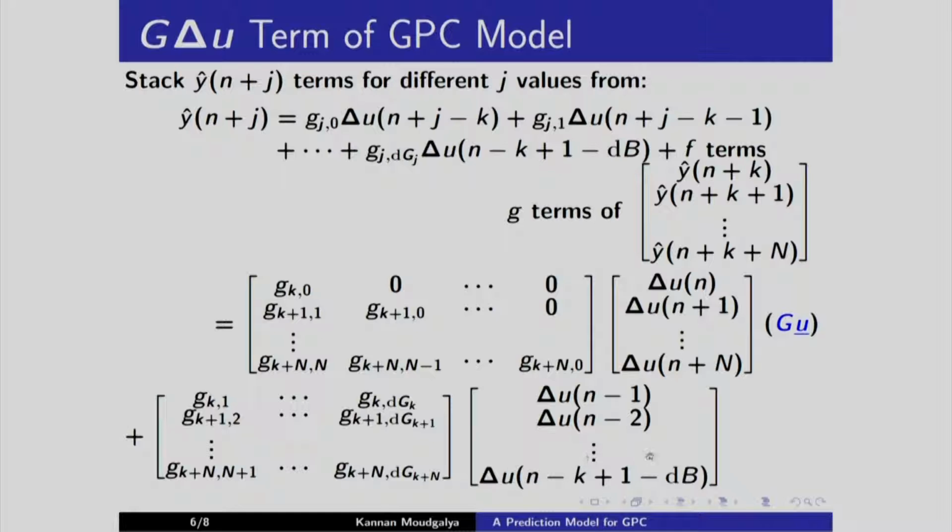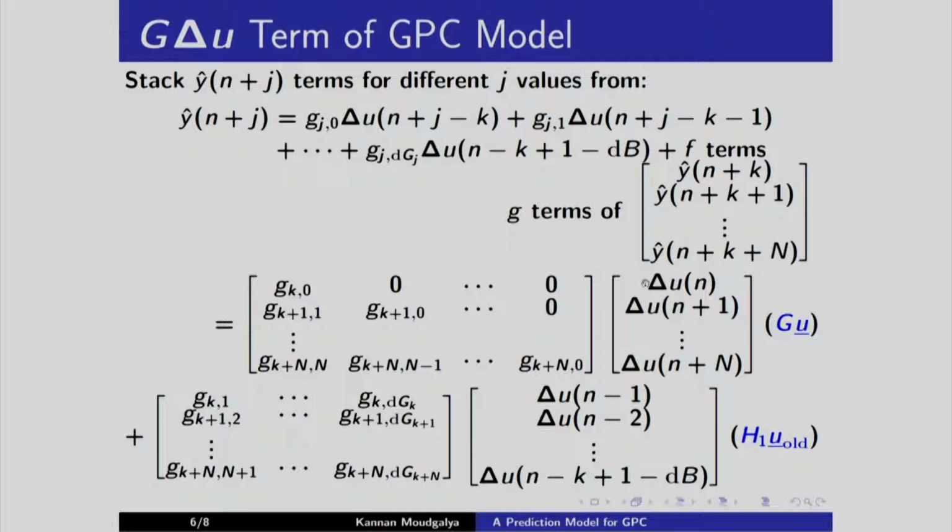It is straightforward. Only thing is you have to go through this and make sure that you agree with this representation. And just like we represented this matrix vector product as this GU, we write this matrix vector product as H1 into U underscore old. So this old denotes past values, this U underscore denotes values that are yet to be calculated.